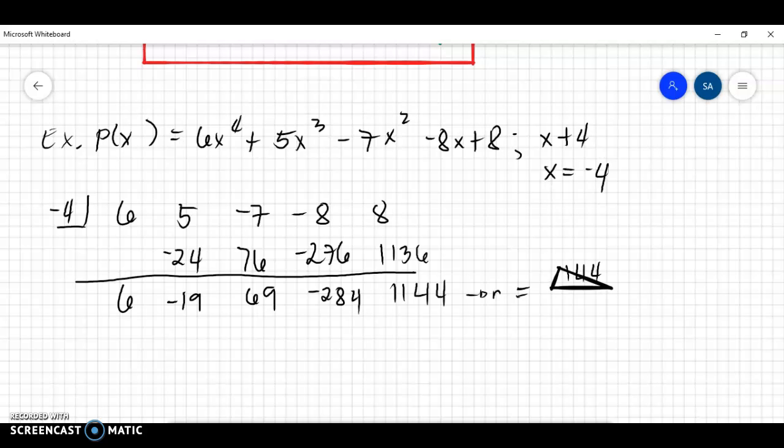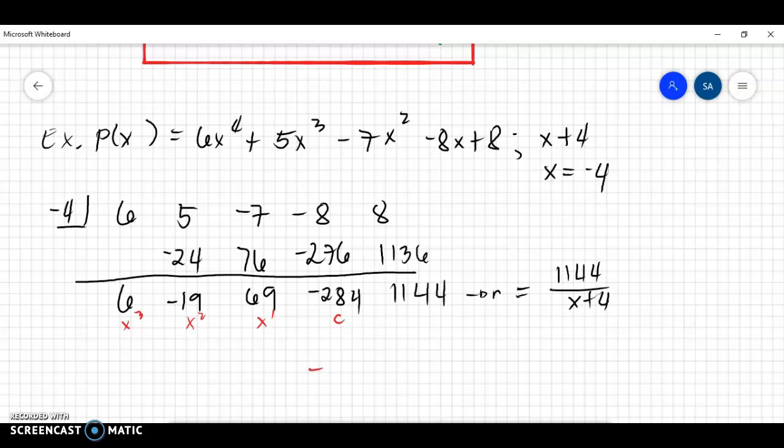1144 over the divisor x plus 4. So, by polynomial function, we now have the quotient. This is x raised to 1, x raised to 2, x raised to 3. This is your constant.